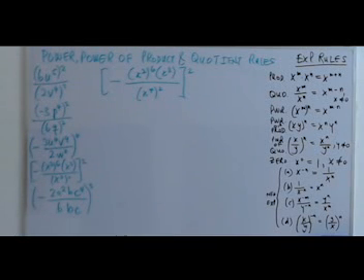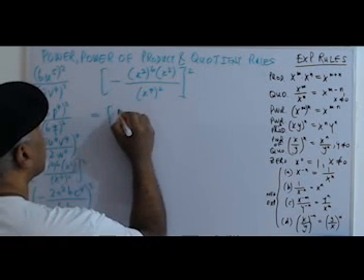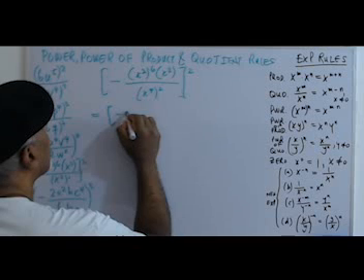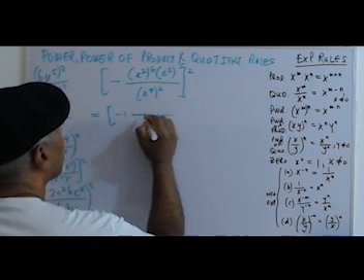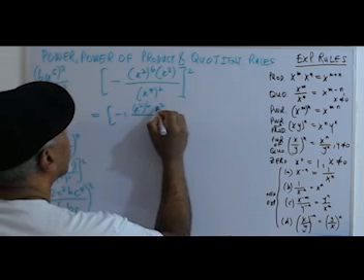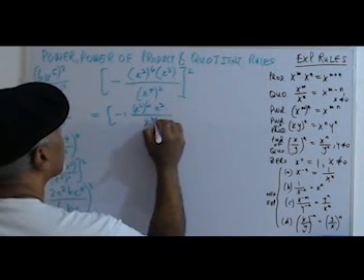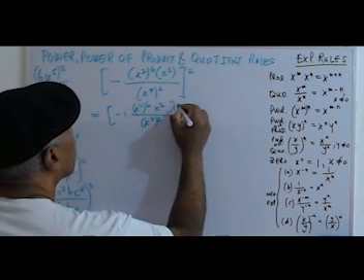Let's simplify what's inside first. We can rewrite this as negative 1 times that fraction, x squared to the 6th, x squared, we don't need the parentheses, over x to the 7th squared, all of that squared.